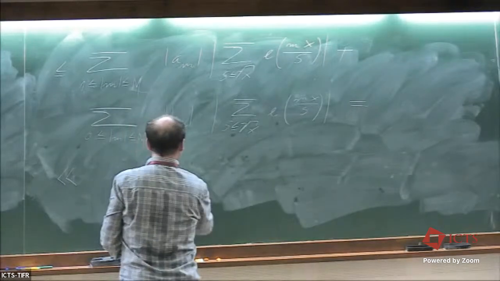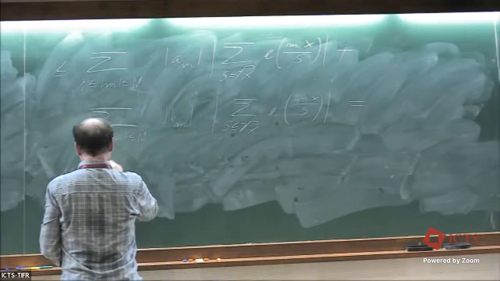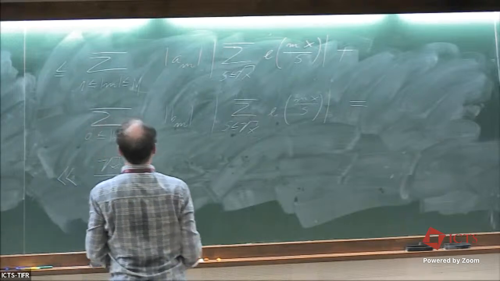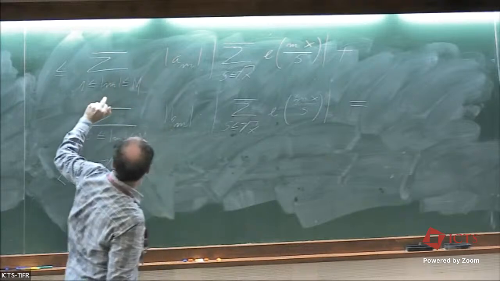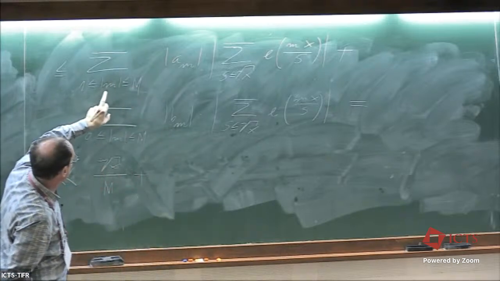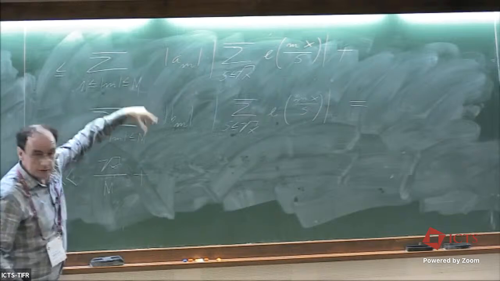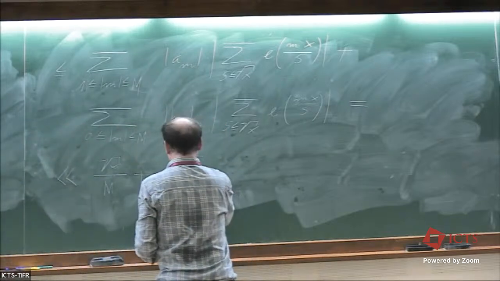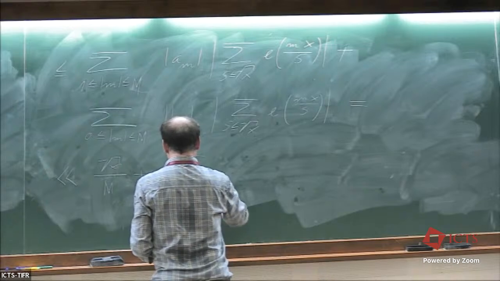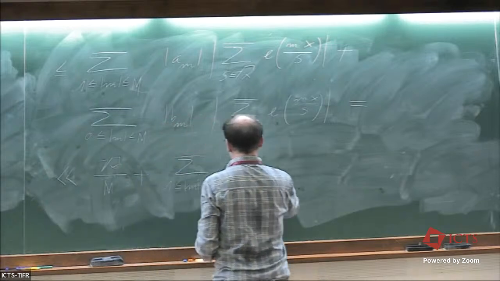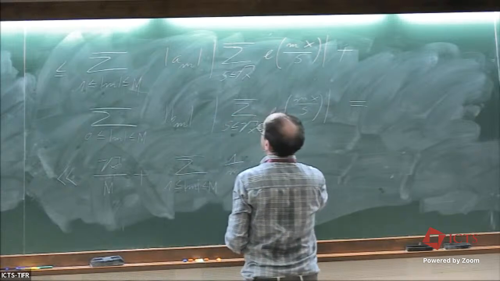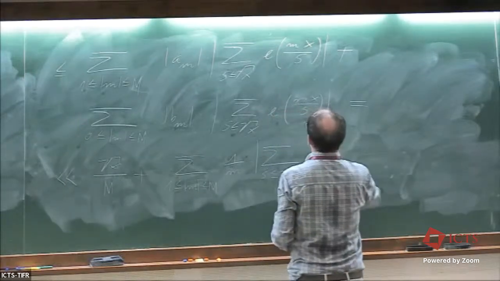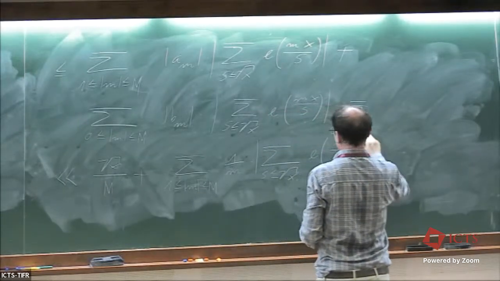So we get square root x divided by m plus, good, and for modulus m greater or equal 1, we can combine these two terms, and what we get is the sum over 1 less or equal m less or equal capital M, 1 divided by m, times the sum over s less or equal square root x, e of mx divided by s.